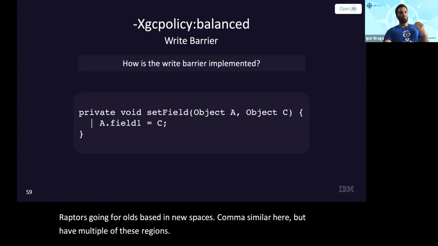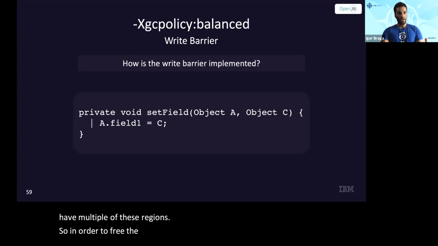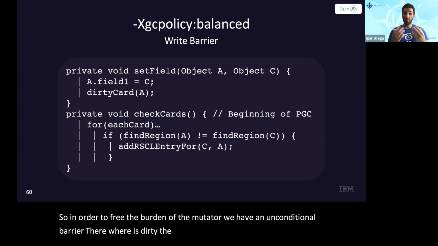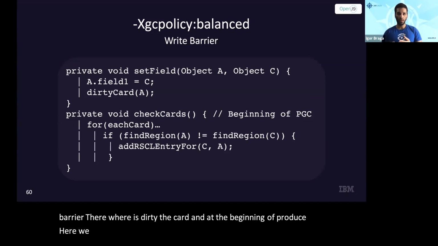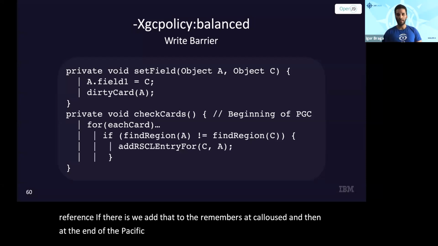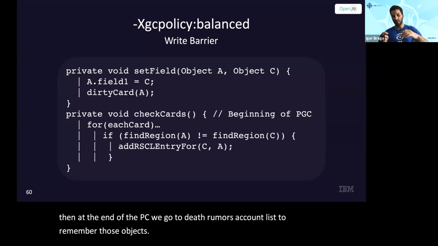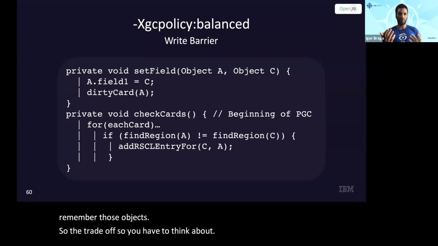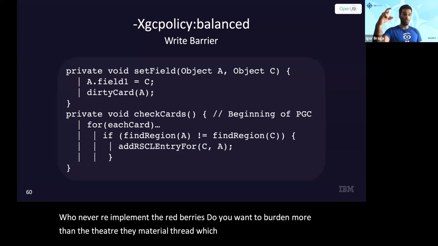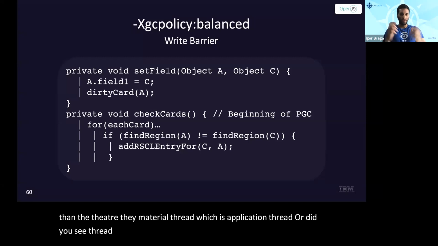So in order to free the burden of the mutator, we have an unconditional barrier where we dirty the card, and at the beginning of PGC, we go through all those cards and check if there's an inter-region reference. If there is, we add that to the remember set card list, and at the end of the PGC, we go to that remember set card list to remember those objects. It's always a trade-off. Whenever we implement the right barriers, we have to think about whether we want to burden the mutator thread, which is the application thread, or the GC thread more. So it's always a trade-off.